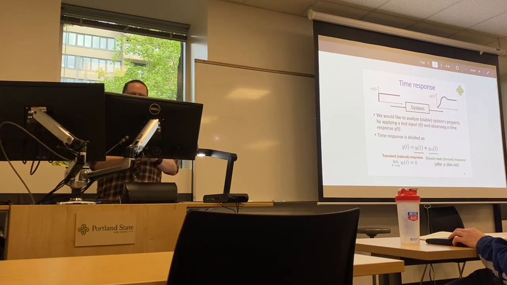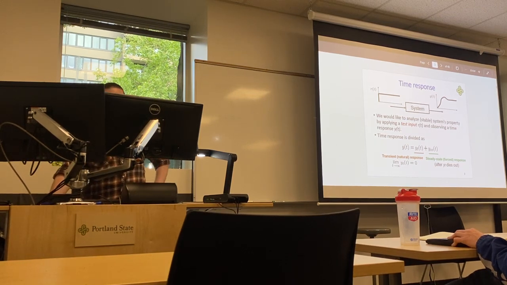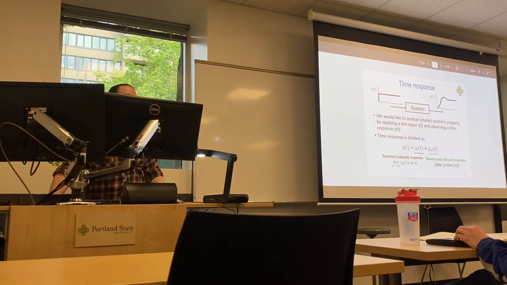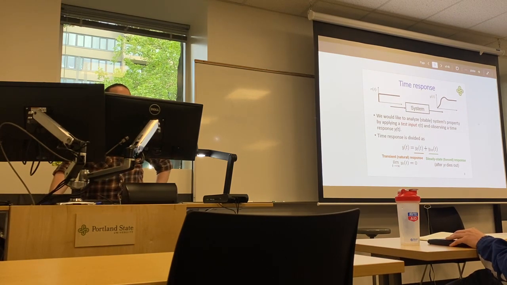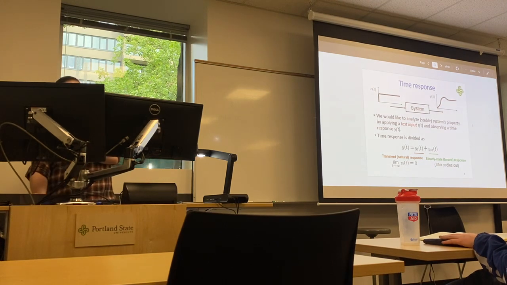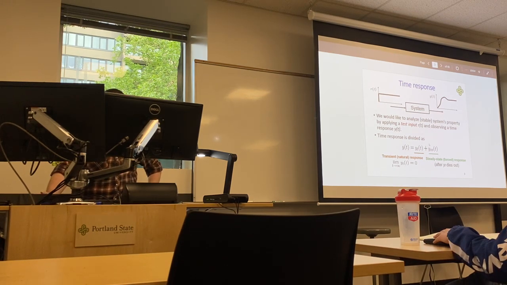But, so, getting back to time response. We'd like to analyze the stable system's property by applying a test input, R(t), described this previously a few times, and observing the output response, Y(t). The time response is divided into two sections.